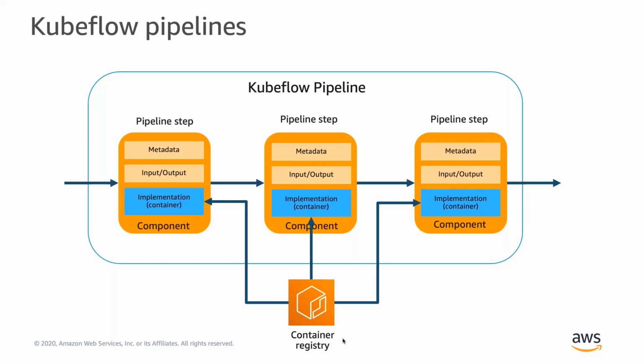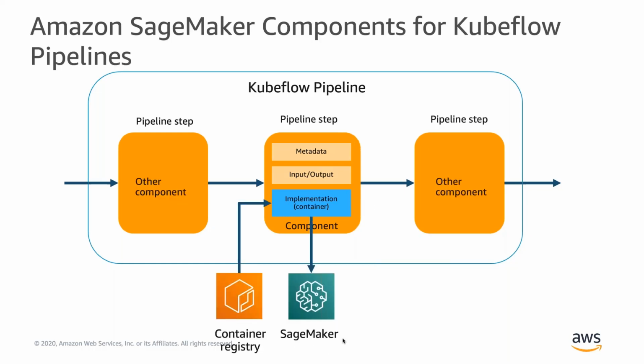Now, when you introduce SageMaker components, what changes is that for each of these steps, instead of having the logic in a container, the logic can be executed on Amazon SageMaker.